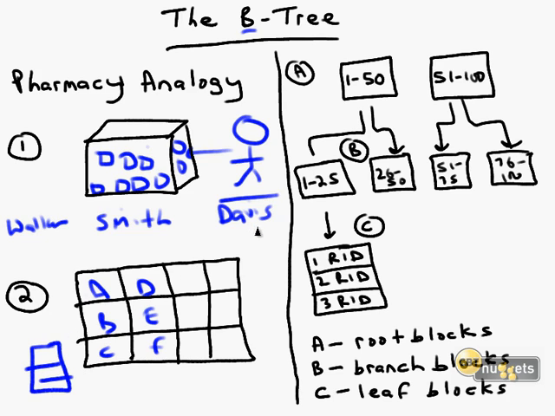Now, the reason why this is more efficient, of course, is that if I'm looking up prescriptions for Davis, I can ignore just about all of this matrix and instead focus specifically on the drawer that contains last name D. This procedure is going to dramatically improve my times as far as satisfying those prescriptions for those customers, isn't it? Because we're able to drill directly into the area of interest.